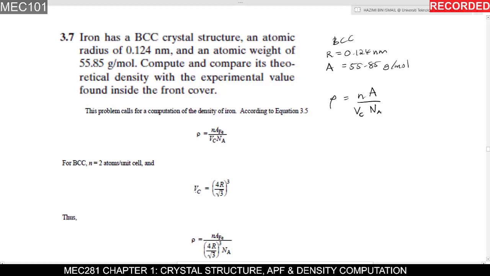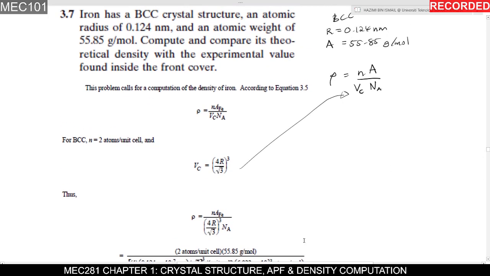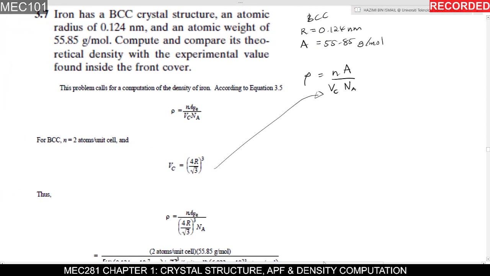So the equation for the unit cell volume for the BCC is here. So you have to find the VC first, or you can also substitute the VC into this equation straight away. Okay, never mind, we try to calculate on our own.